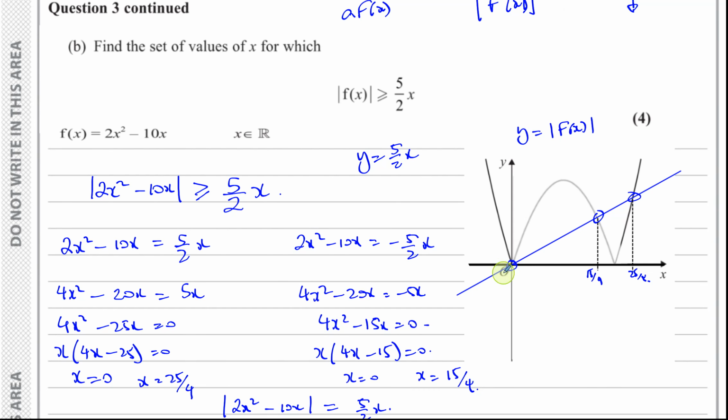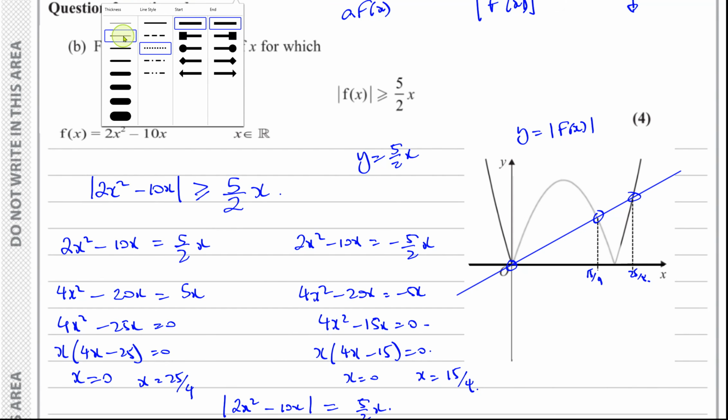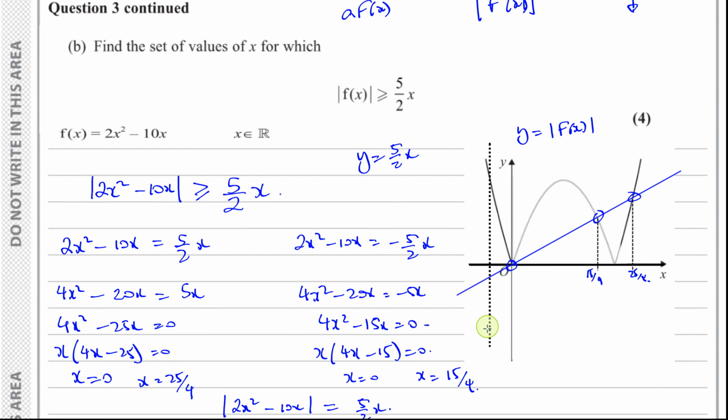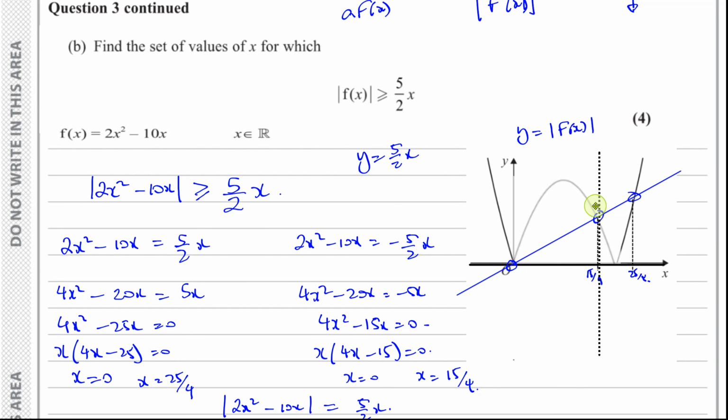And we can see here that when x is less than 0, in this area here, if we were to draw a vertical line, for example here, we would see the values. When x is equal to 0, they're equal. And when x is equal to 15 over 4, they're equal. When x equals 25 over 4, they are the same.